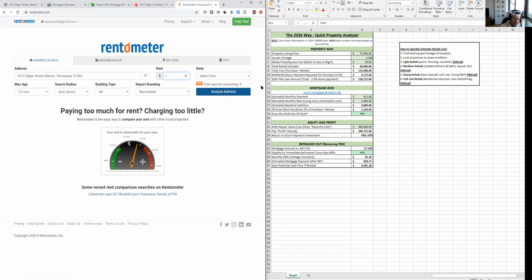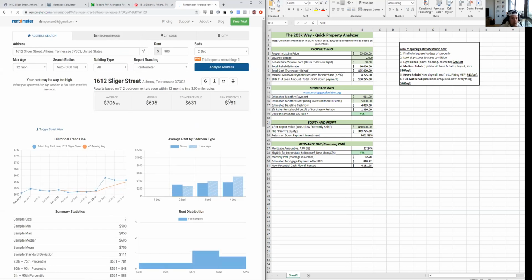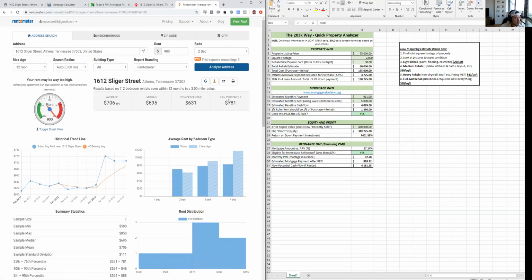For rent, I like to just put in whatever the mortgage payment is just to start, and then put a 2-bedroom. Then you hit analyze address. This is going to spit back some information for this. This is a pro, but if you're not pro, it's going to spit this back for you. Basically, it looks like 900 would be way too high a mark. Looks like 700 a month is about what people pay in this area for a 2-bedroom.